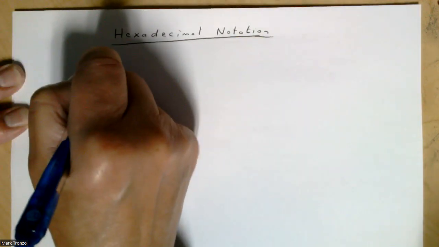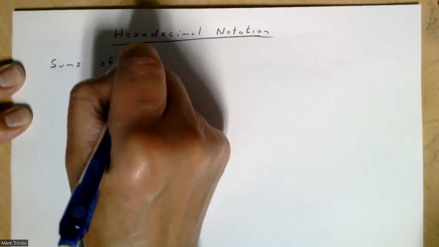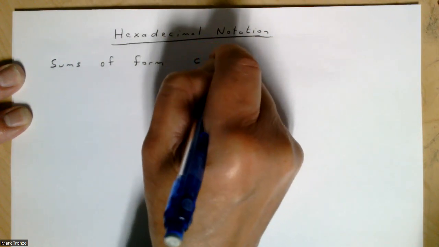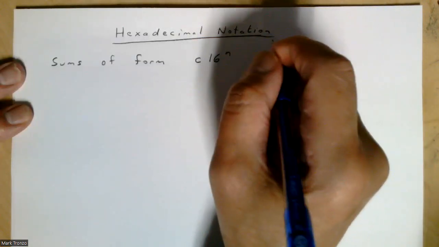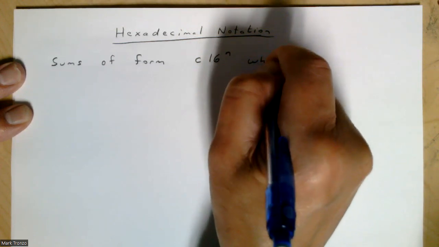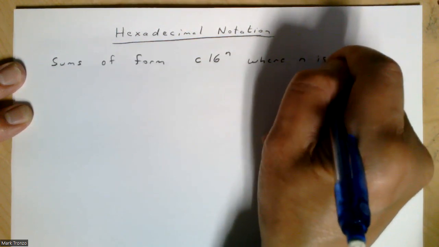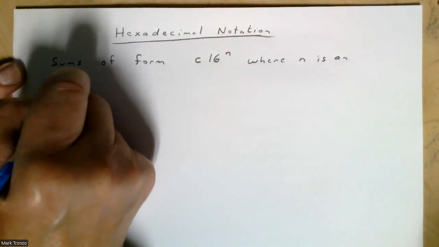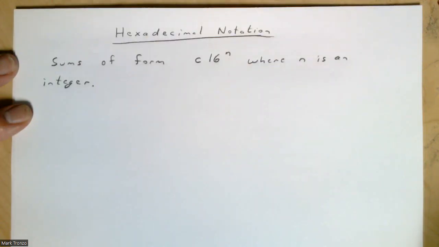Hexadecimal notation has sums of the form C16^n, much like before, where n is an integer, and the Cs, once again, are the constants.